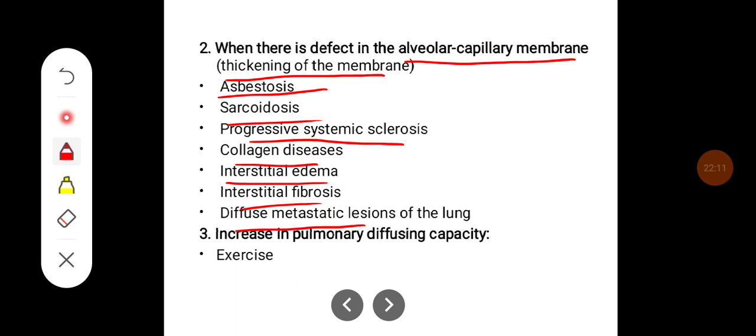Or it can occur in increased pulmonary diffusing capacity during the exercise.